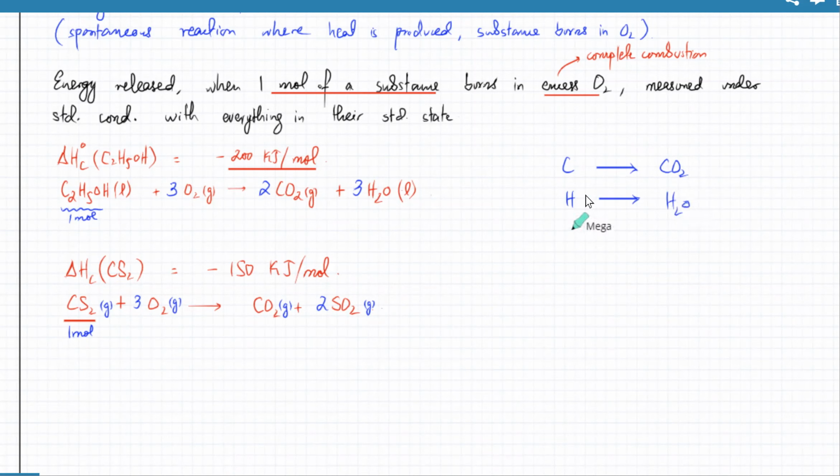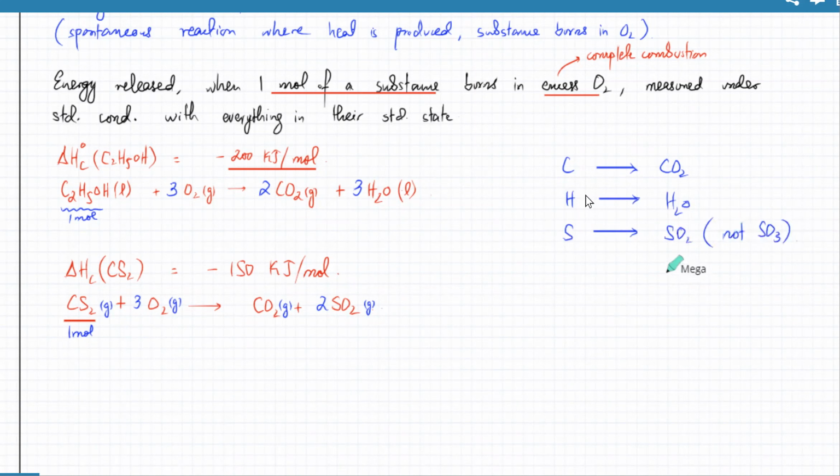And if a substance has sulfur, remember this, that it's going to burn up and produce SO2, not SO3. Making SO3 is very difficult. You need a catalyst for that. So during the spontaneous reaction, you usually don't get SO3.